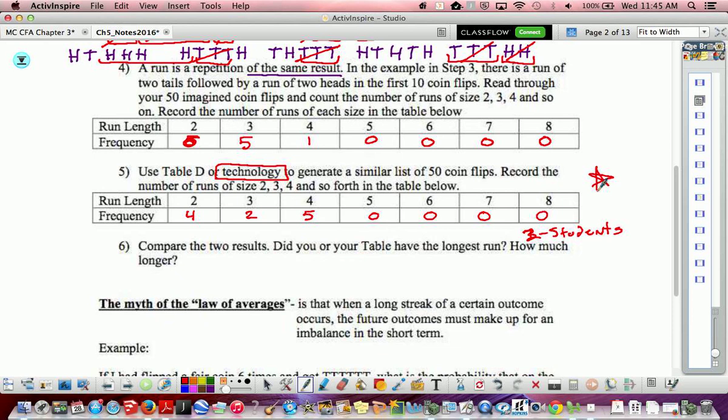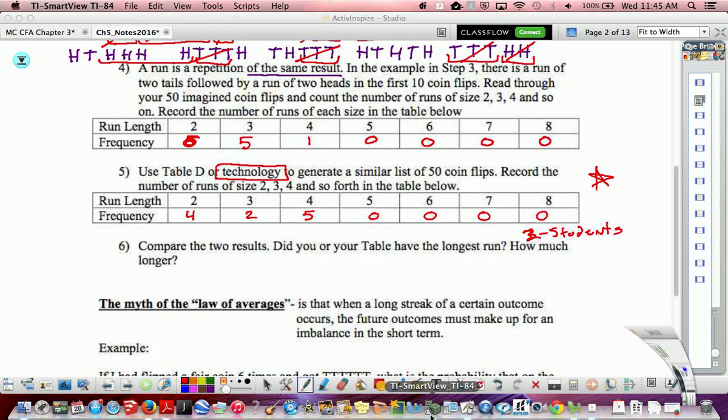He would look for those runs. If they made it up, they would not have a run longer than 4 or 5 heads or tails in a row. But if you flip a coin 1,000 times, you're going to have runs of 7 and 8 and 10 and 12 in a row.